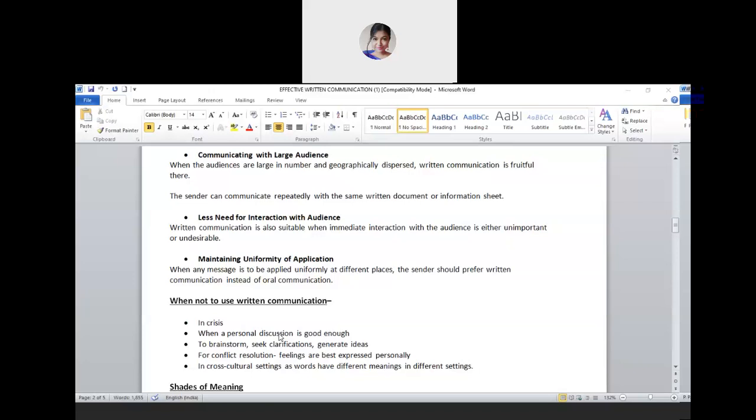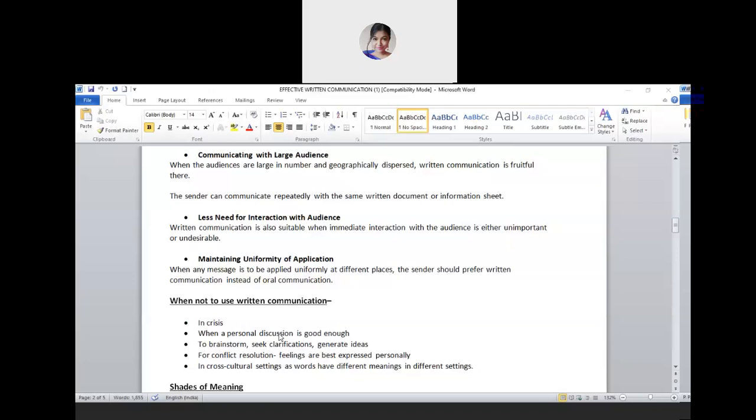In written communication, misunderstandings occur very quickly, whereas in oral communication, you can handle this kind of situation, because you're communicating with the other person orally.